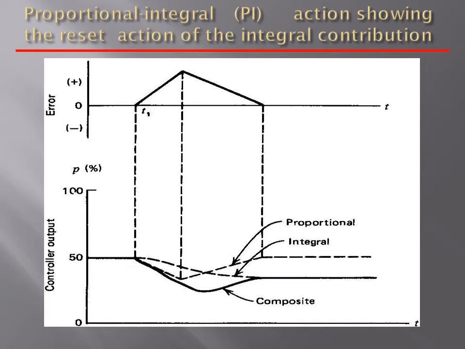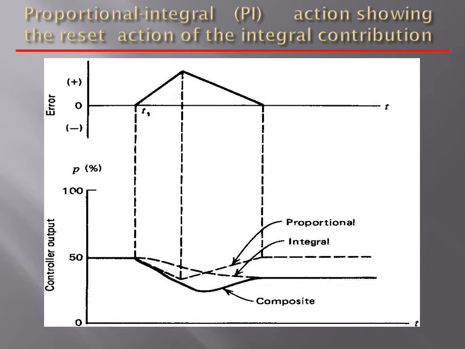So here the reset action of the integral contribution is shown. How the reset action takes place as we have added the integral controller to the proportional controller. See, in the first diagram there is error, and in the second diagram there is the controller output.